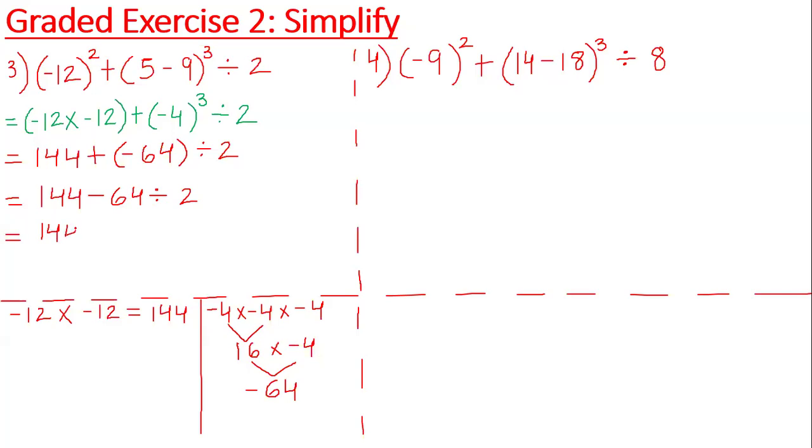That's correct. And 144 minus 32 is what? 112. There we go. 112.